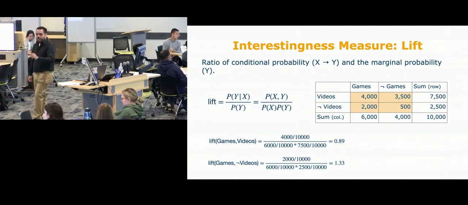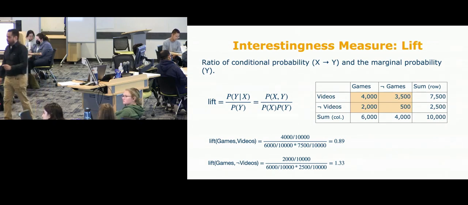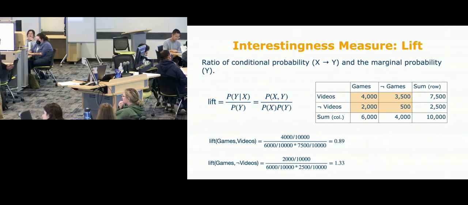And then the second term of the denominator is P of y. P of y is the probability of videos. How many people buy videos? That's the sum of people who buy videos and games, and people who buy videos and not games. So it's 4,000 plus 3,500, 7,500, divided by 10,000. You compute this number, and it turns out it's 0.89.